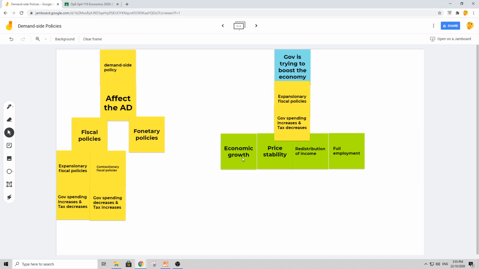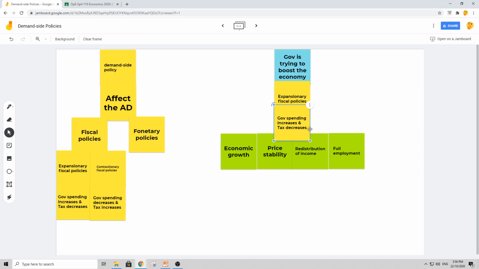So if we want to explain economic growth, if the government is using fiscal policies, what can they do exactly to achieve economic growth? So now we know, okay, more government spending or reducing taxes. But can you tell me something more specific?